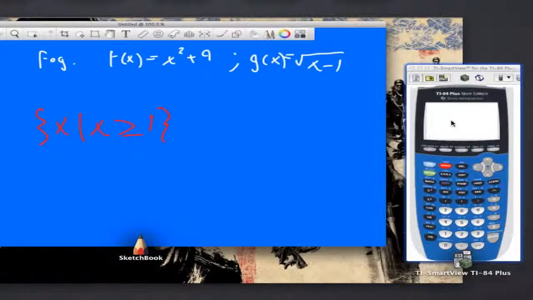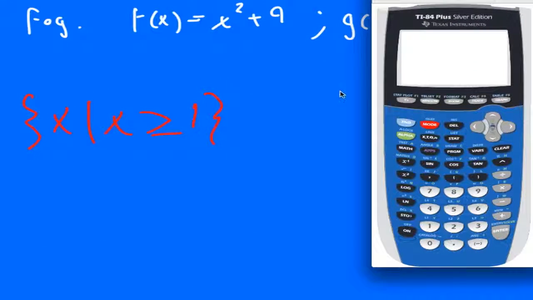Or just take out your calculator and input it. We're looking for f∘g, so open parentheses and square root of x minus 1, close parentheses squared, plus 9.